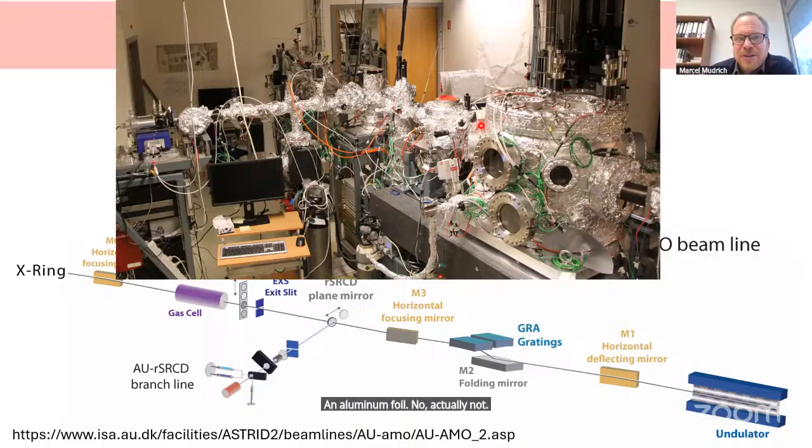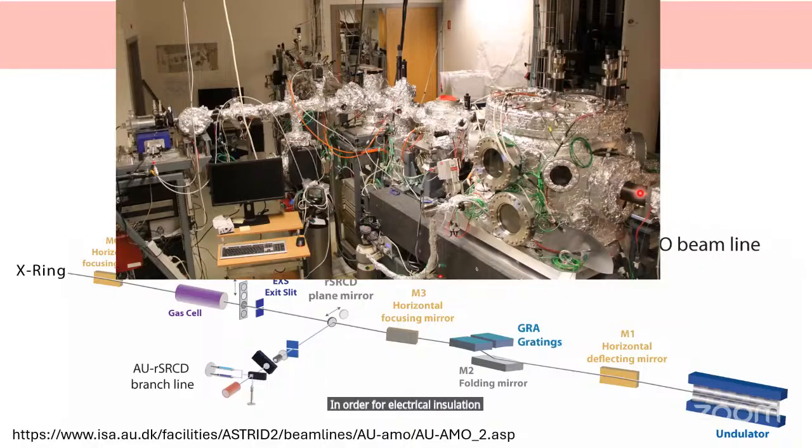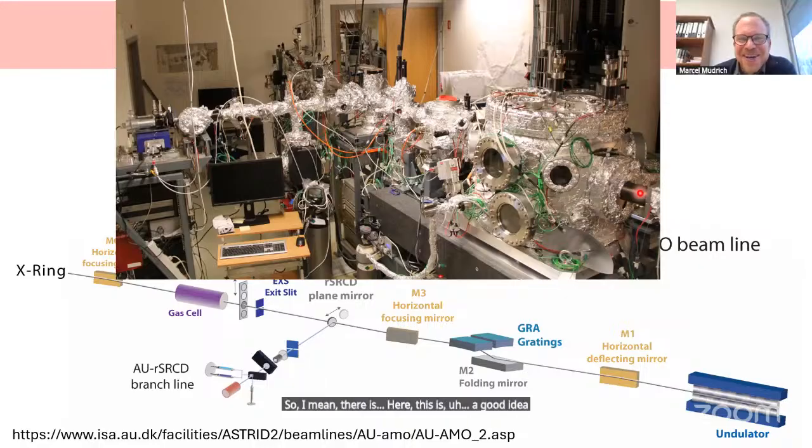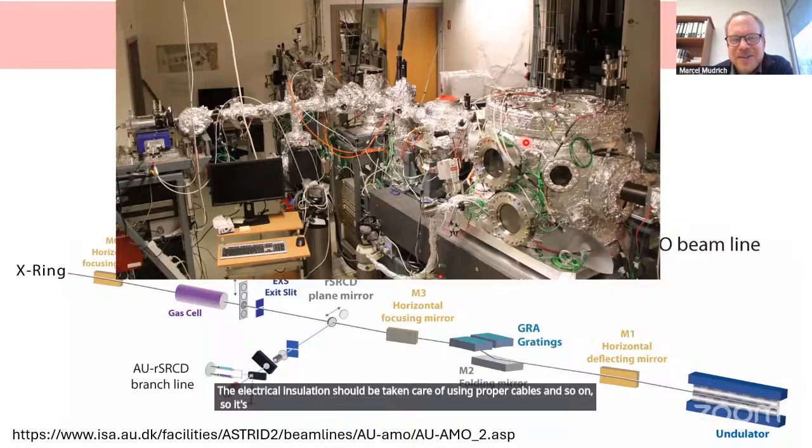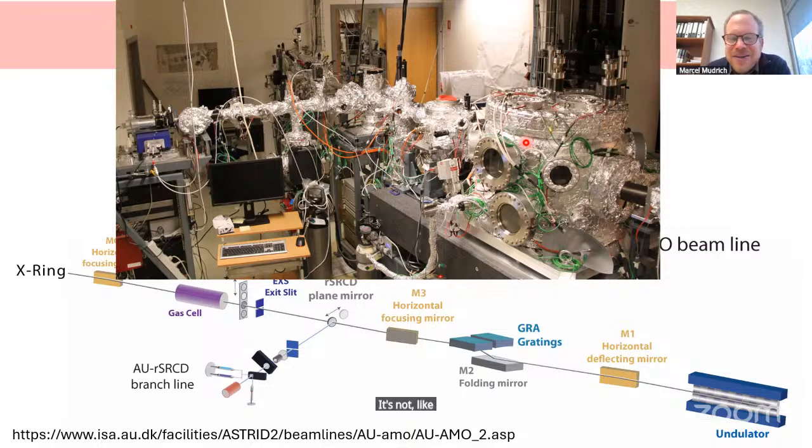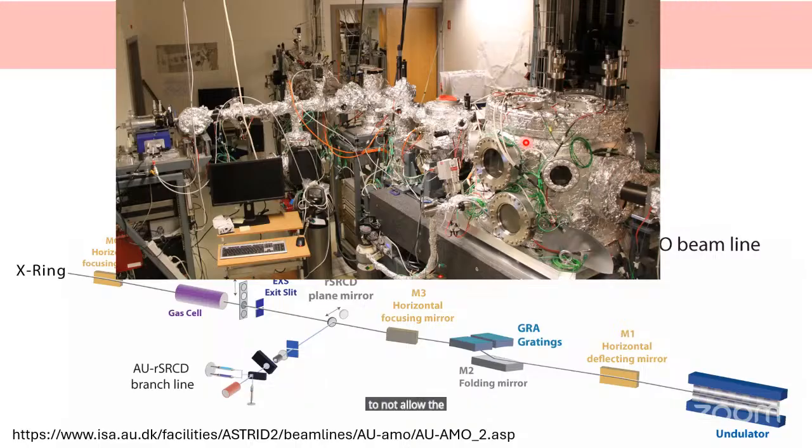Electrical insulation is a good idea, but no. The electrical insulation should be taken care of using proper cables and so on. So it's not electric insulation, it's not RF, it's not stray light or X-rays. It has another very practical reason. To not allow the inside radiation outside?